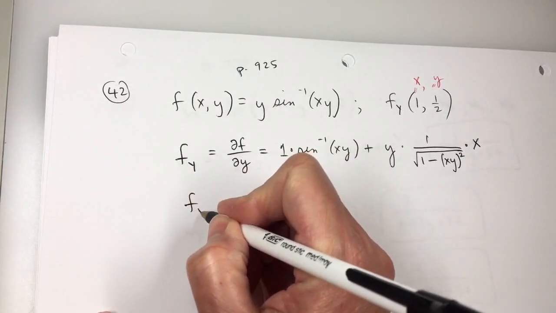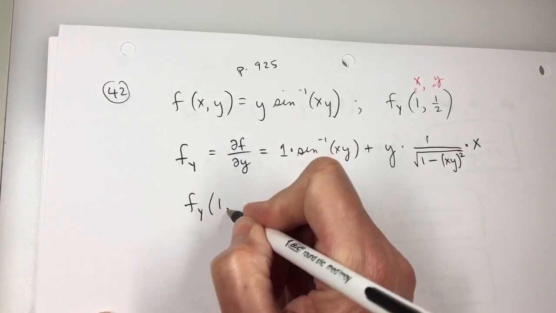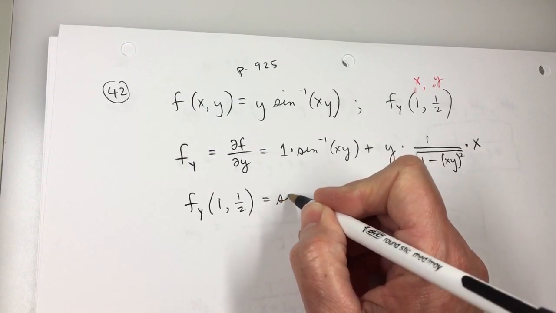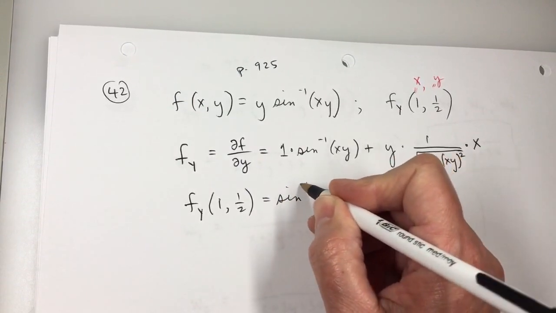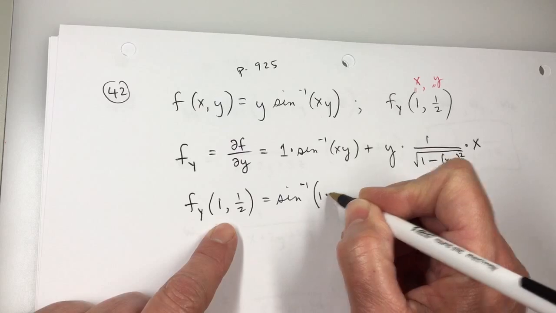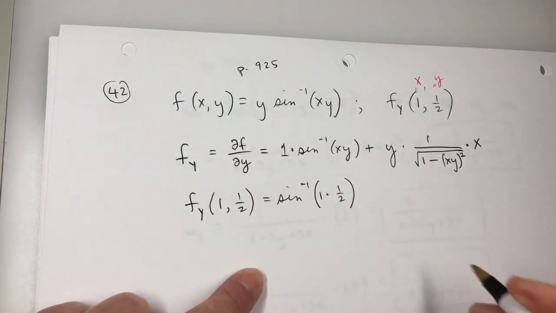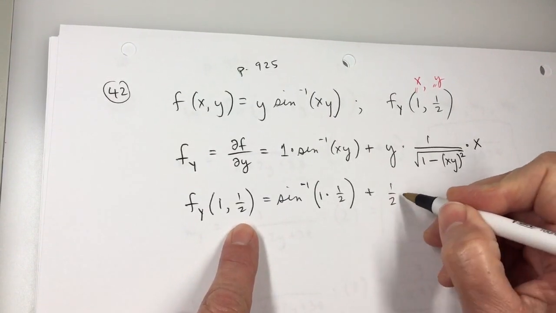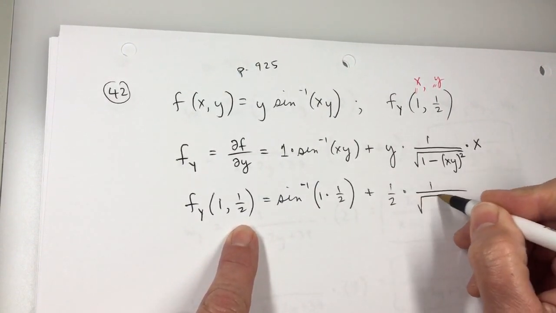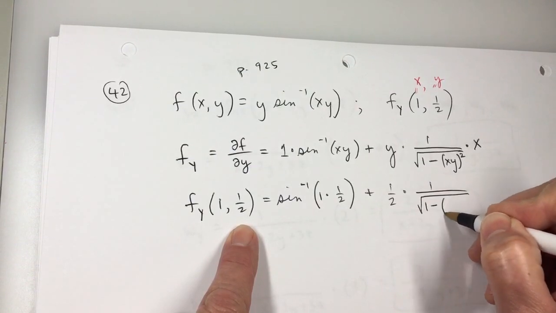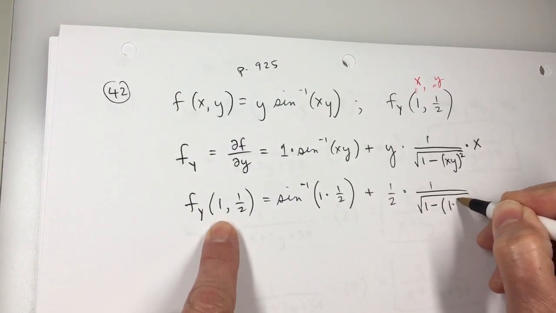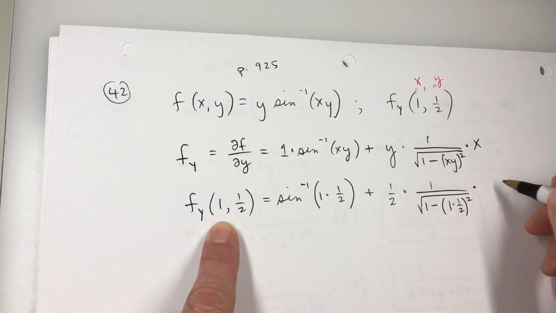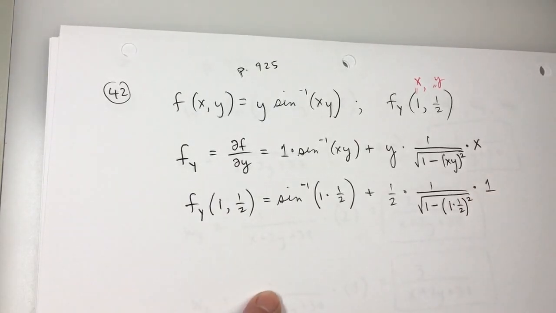The partial of f with respect to y at the point (1, 1/2) is going to be inverse sine of 1 times 1/2, plus y is 1/2, 1 over the square root of 1 minus x is 1, y is 1/2, that whole thing squared, times x, and x is 1.